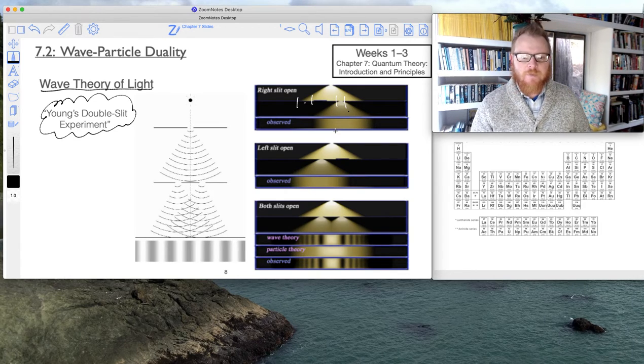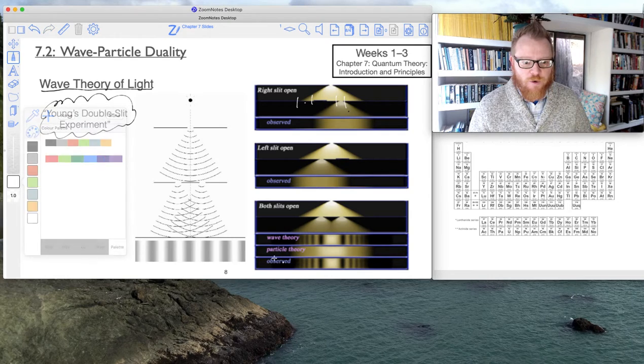Okay? But now something different happens when both slits are open. This is very fascinating. So when both slits are open, you can see we get two beams of light. And then what was observed is down here below. Oops, I used a black marker there. That doesn't show up.